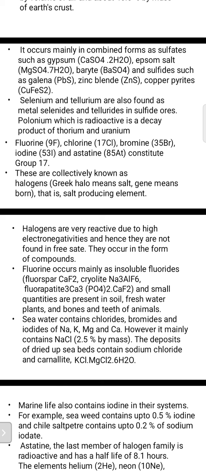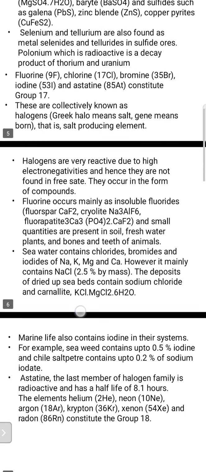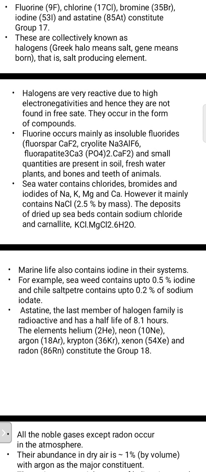Near the seashore, or wherever there are salt areas, you can observe this type of production of salt, in which you get the maximum content of sodium chloride along with a trace amount of carnallite. The next source is marine life, which also contains iodine.